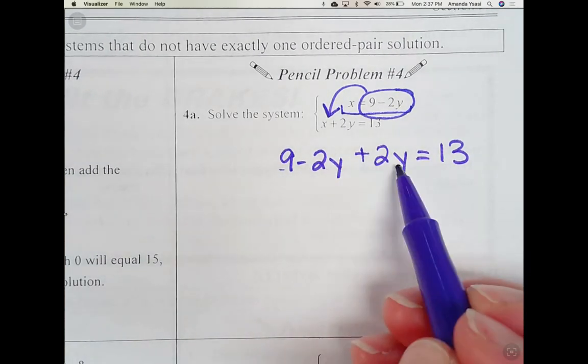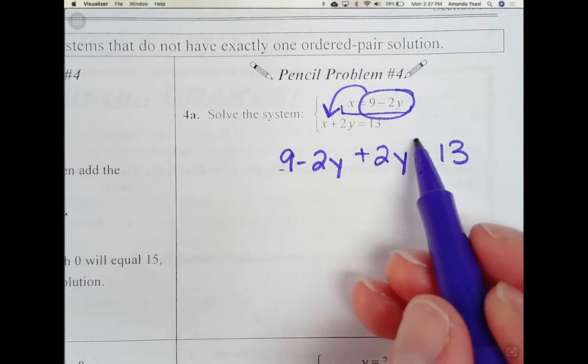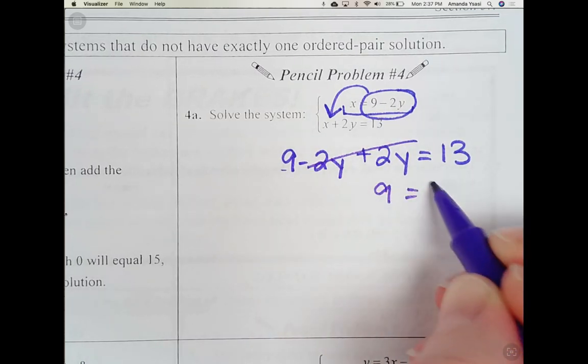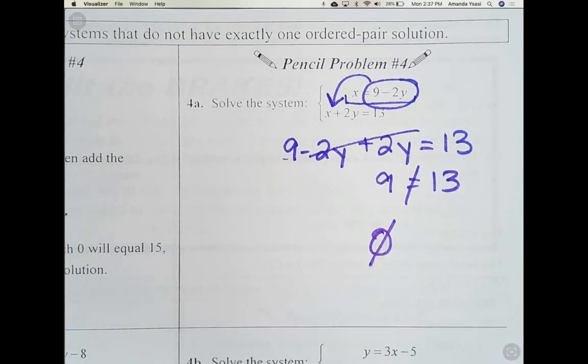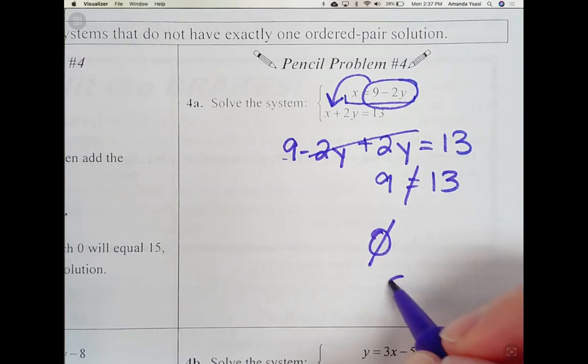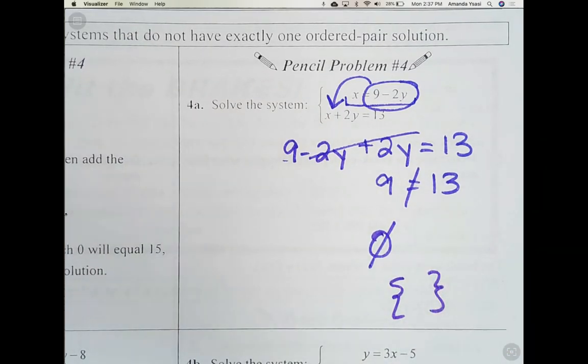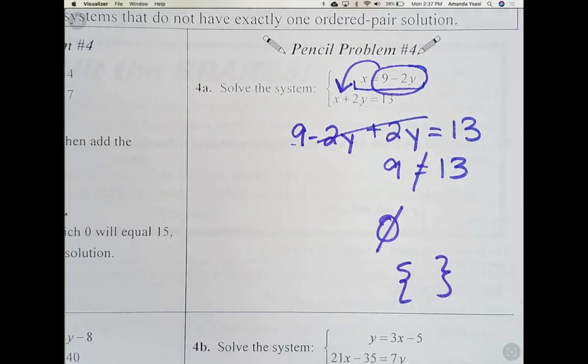Well, the minus 2y plus 2y is 0. So we have 9 equals 13, and that is not true. So we have no solution, or the empty set. It can also be written like this, where you have the braces and nothing in there. It's an empty set.